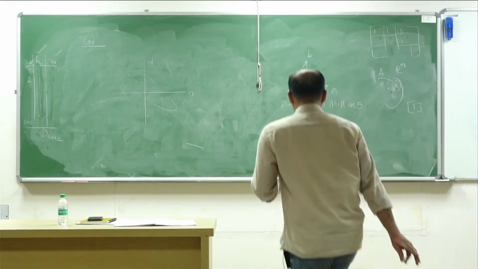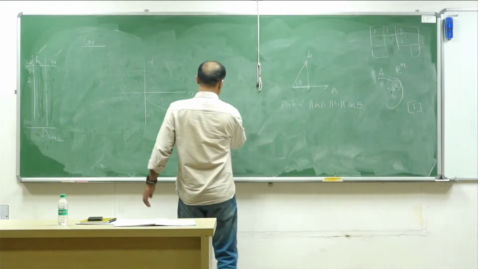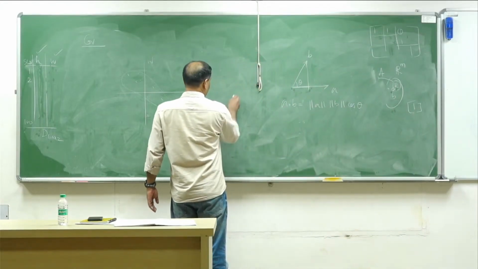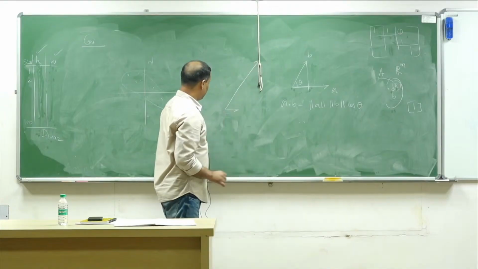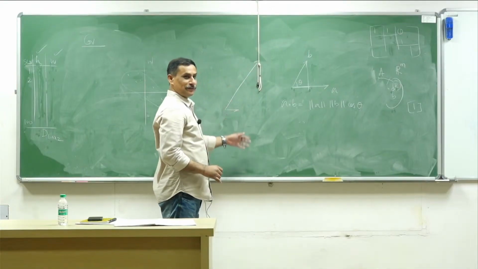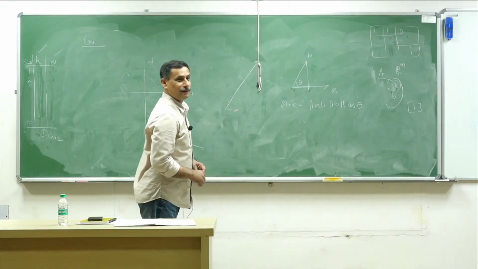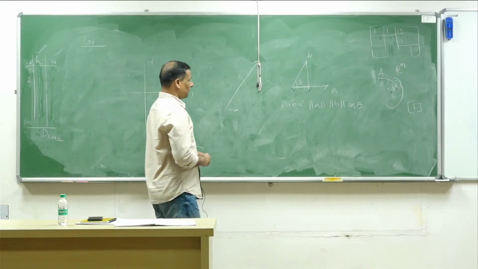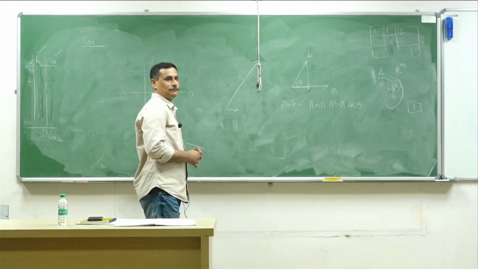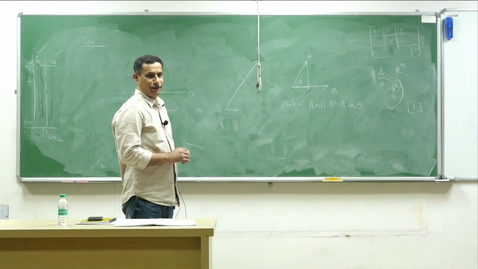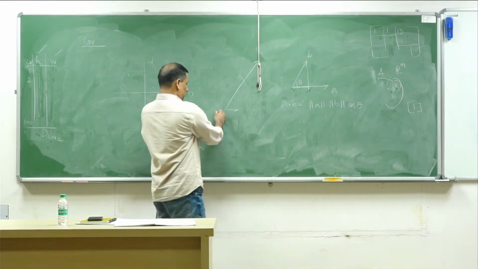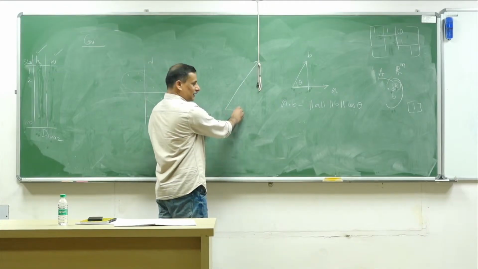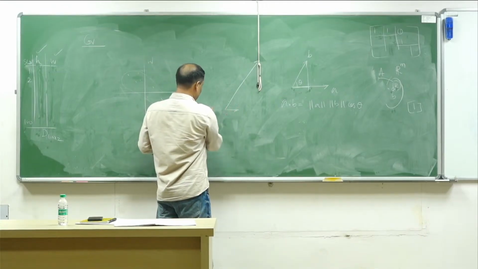Maybe I'll ask you a quick question. I have this vector, and I have this big B vector. How do you project this onto this? The moment I give you one vector, it represents the entire line here, right?